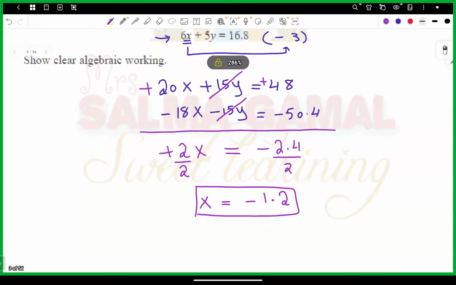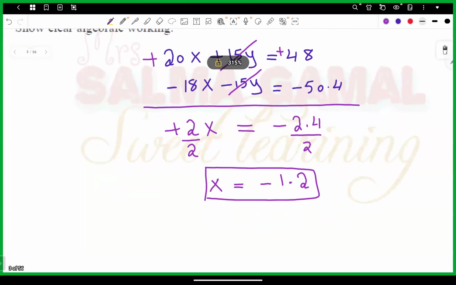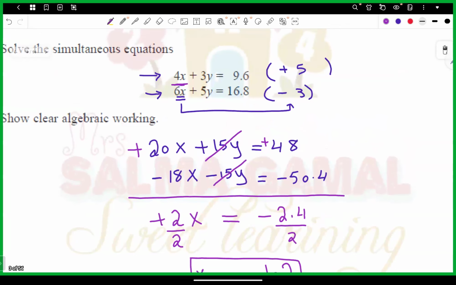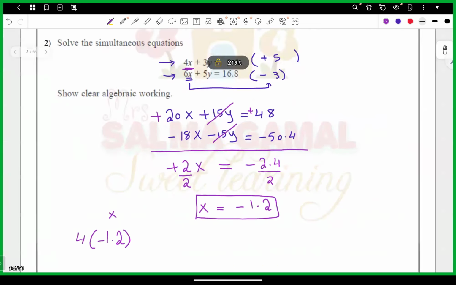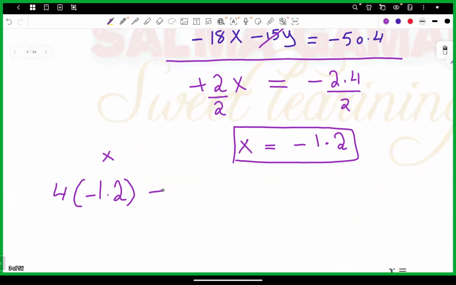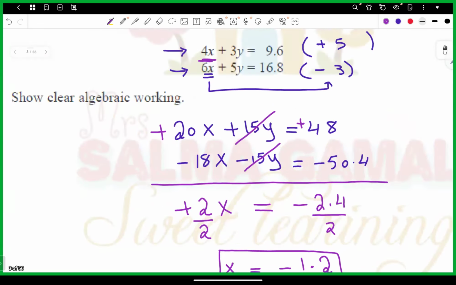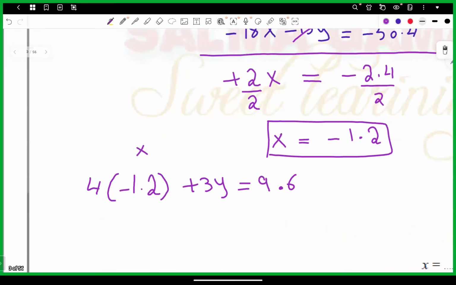The equation is 4x plus 3y equals 9.6. So 4 multiplied by minus 1.2, substituted for x here, and plus 3y equals 9.6. 4 times 1.2 equals minus 4.8, plus 3y equals 9.6.